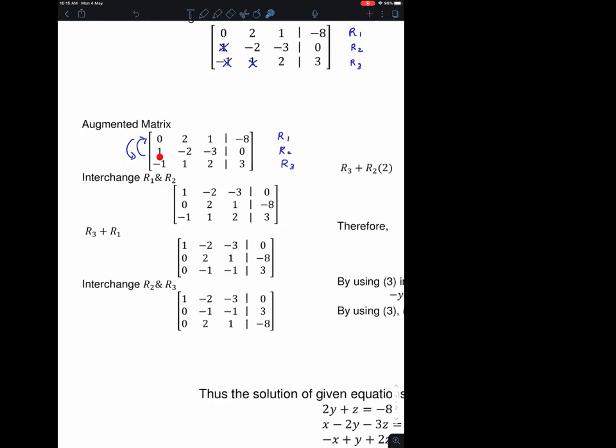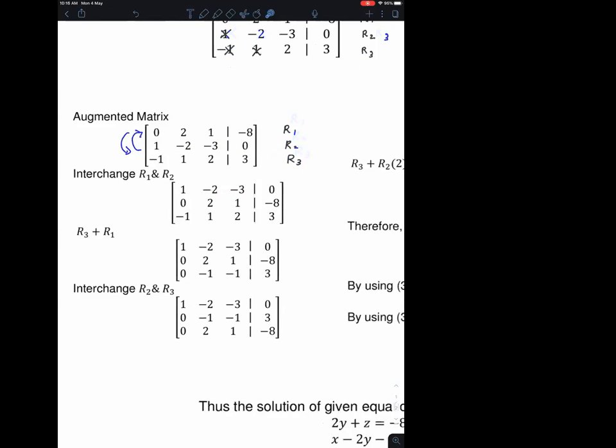And then 1, minus 2, minus 3, 0, which was row 2, has now become row 1. Okay, what's the benefit of doing that? The benefit is you already made one of them to be 0.